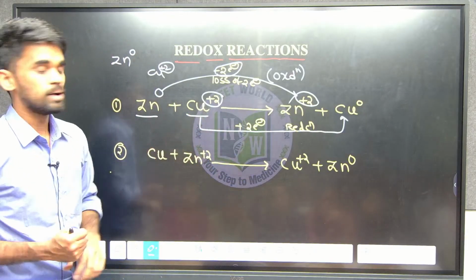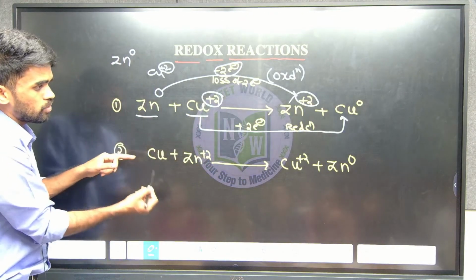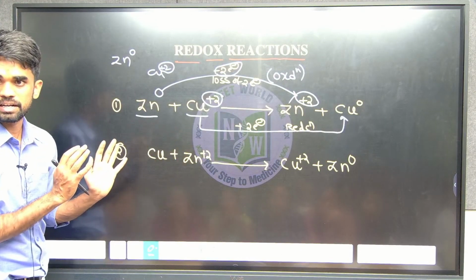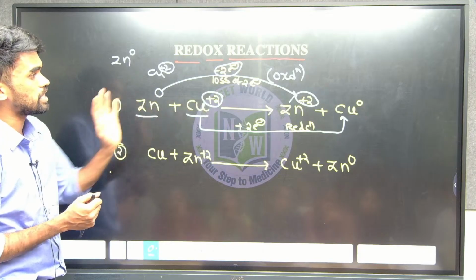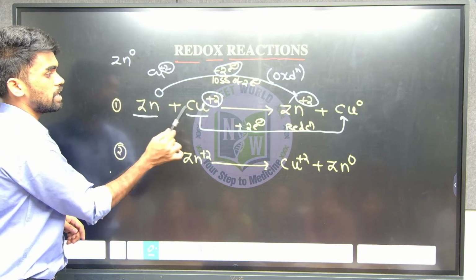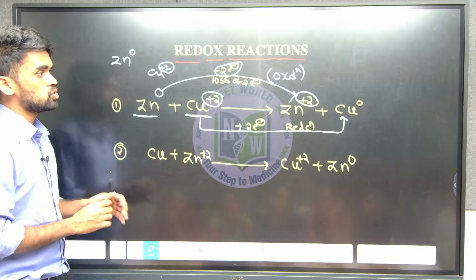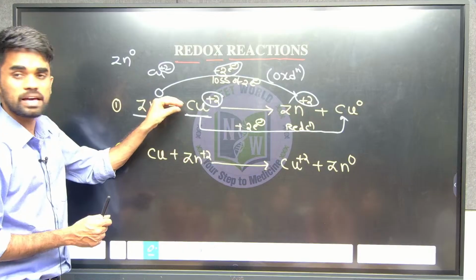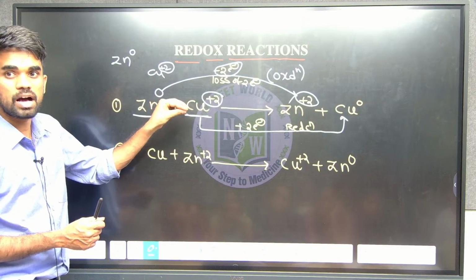This is clear. Here I have also written the same reaction in the opposite manner. Here zinc is undergoing oxidation and copper reduction. In this reaction both oxidation and reduction are involved, so we can call this reaction an example of a redox reaction.